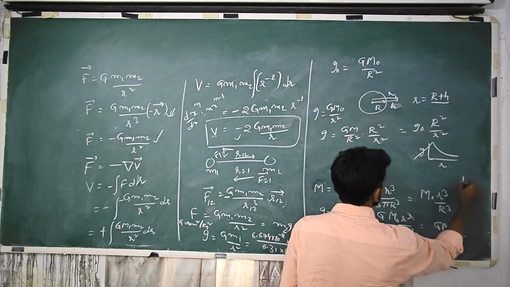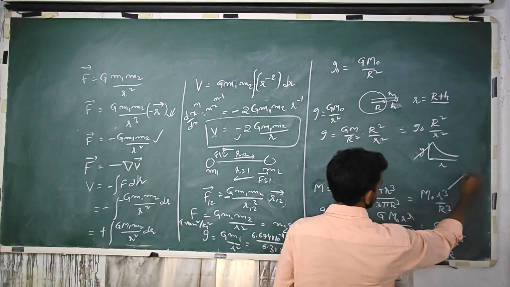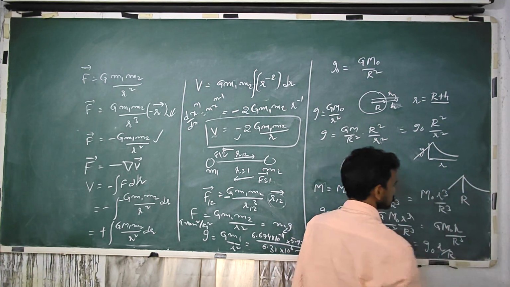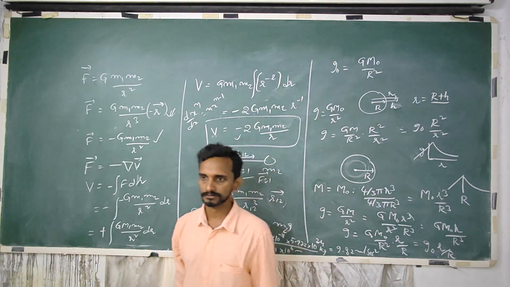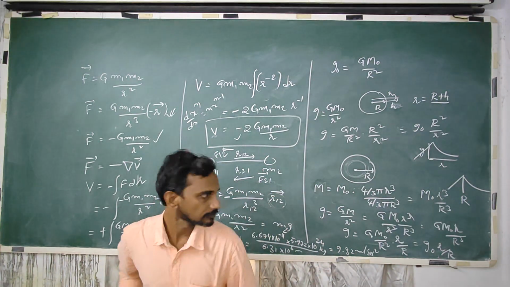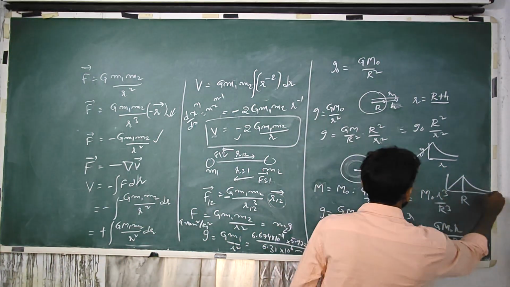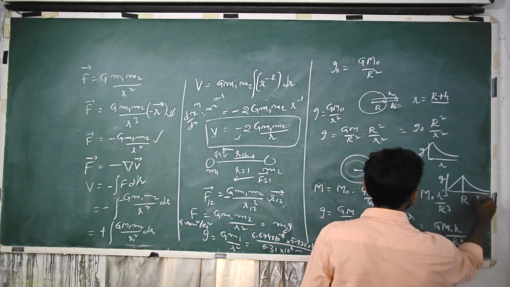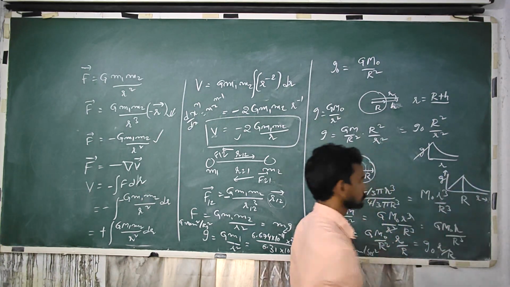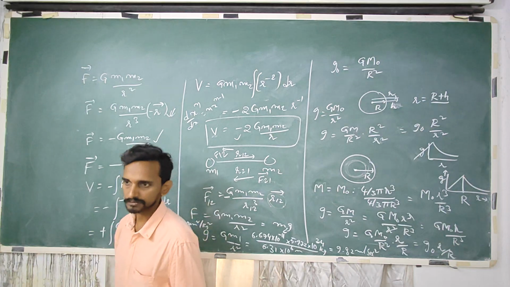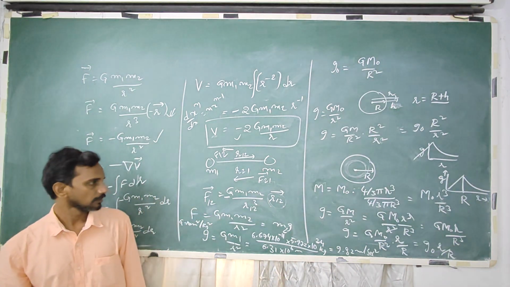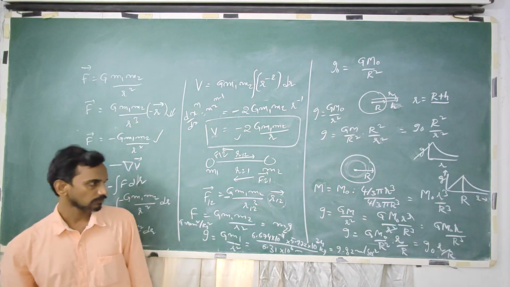So this is R: below the radius it reduces linearly, above the radius it reduces quadratically. This is the G value as a function of r. So that is how G value varies.